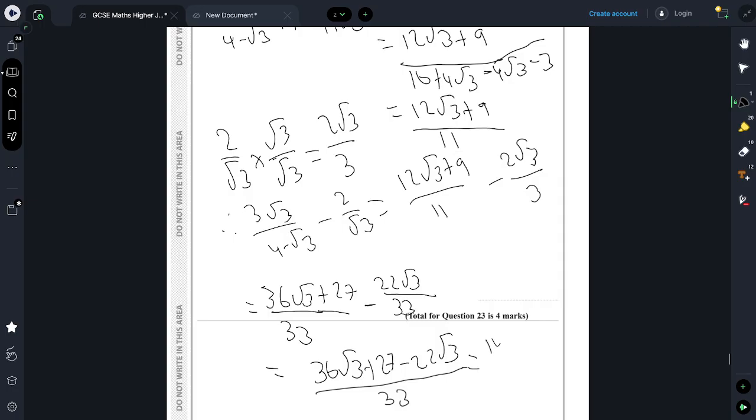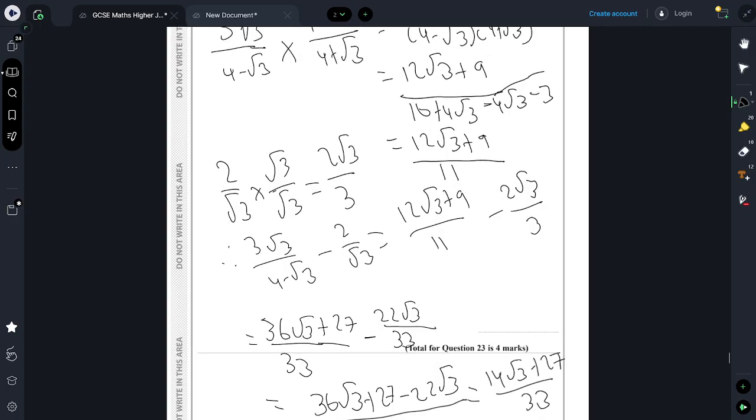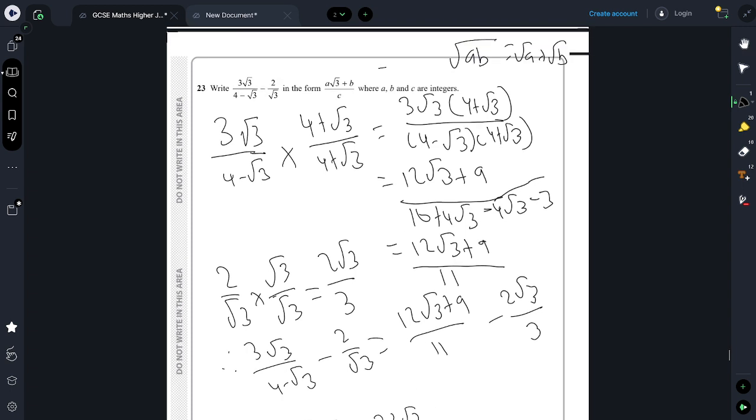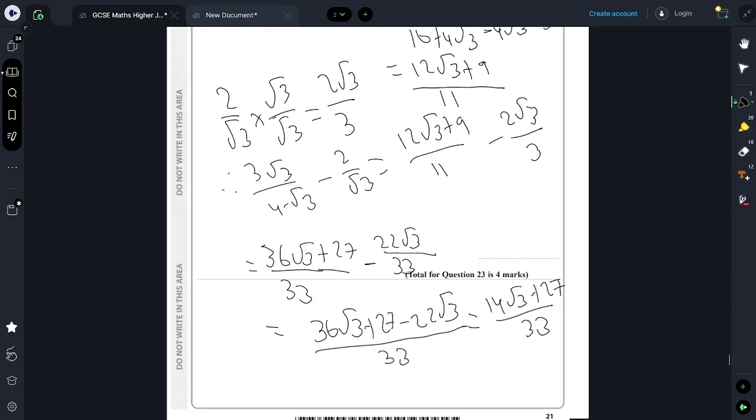Well, that's just 14 root 3 plus 27 over 33. And yeah, it's in that form, right? A root 3 plus B over C. We cannot simplify that anymore, I don't believe. And it's in the form they wanted.